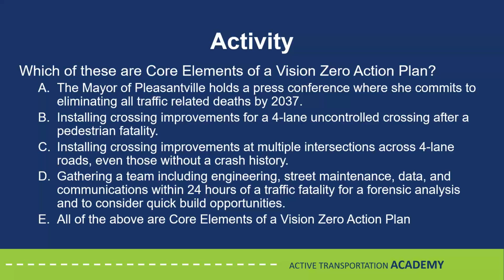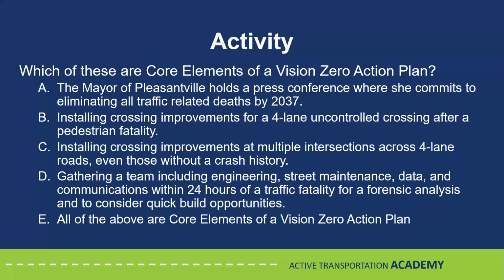A, the mayor of Pleasantville hosts a press conference where she commits to eliminating all traffic-related deaths by 2037. B, installing crossing improvements for a 4-lane uncontrolled crossing after a pedestrian fatality. C, installing crossing improvements at multiple intersections across 4-lane roads, even those without a crash history.